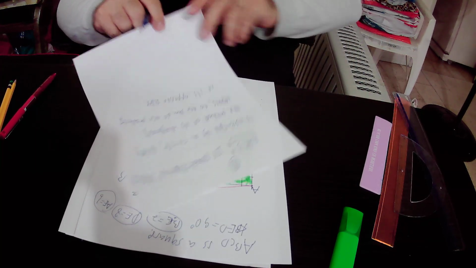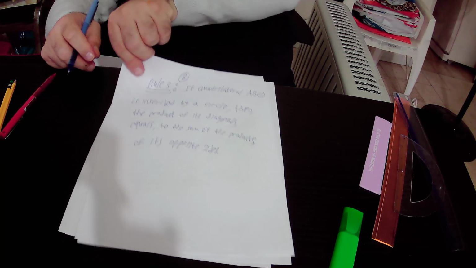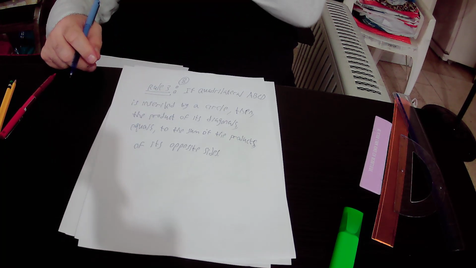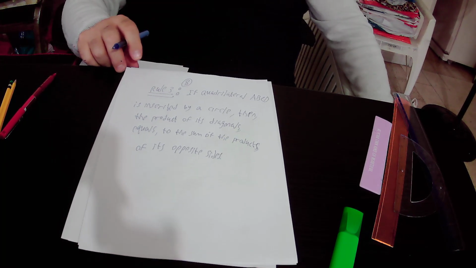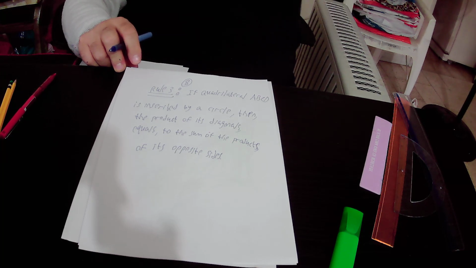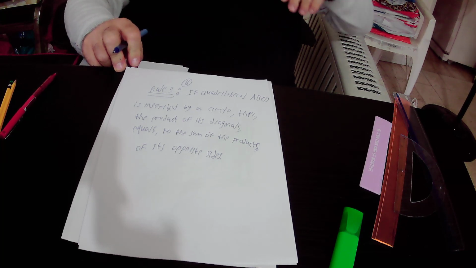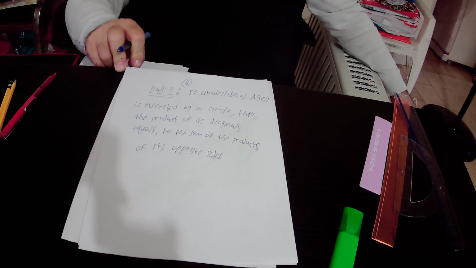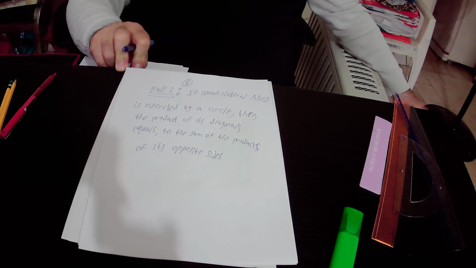So, I'll read rule number 3 again. Rule number 3 states that if quadrilateral ABCD is inscribed by a circle, then the product of its diagonals equals the sum of the products of its opposite sides.